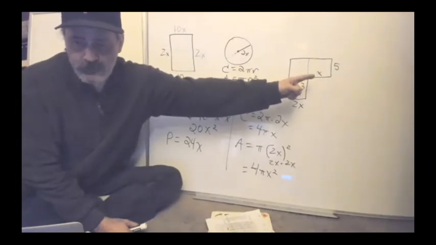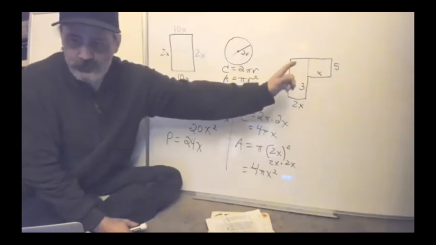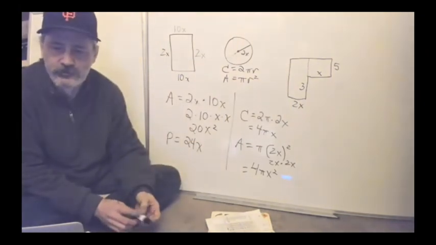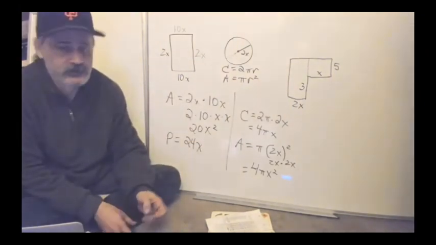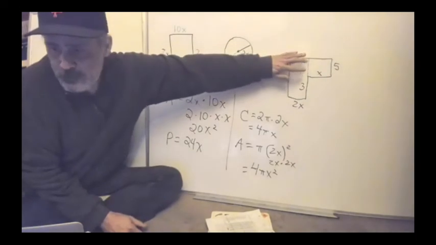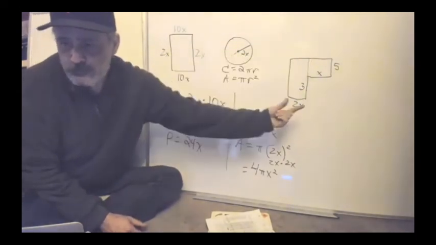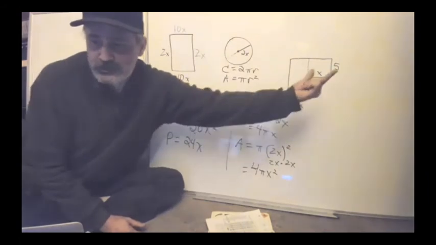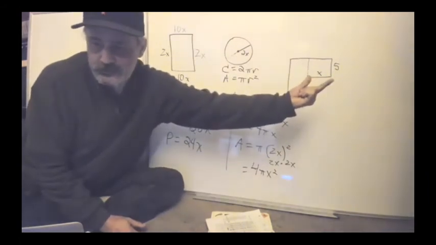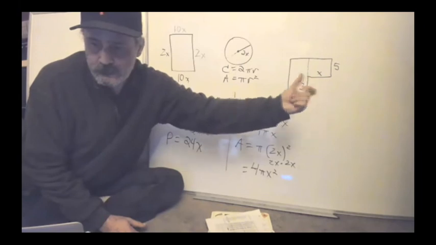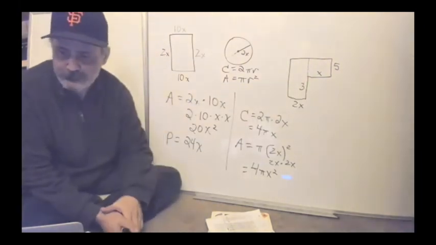Maybe it is, but we don't really know that for sure. So it's better to call them two rectangles for that reason. Now I decided to break it up this way. That way the dimensions of the two rectangles, one of them has a 2x and the other has an x. So I thought that would be easier.